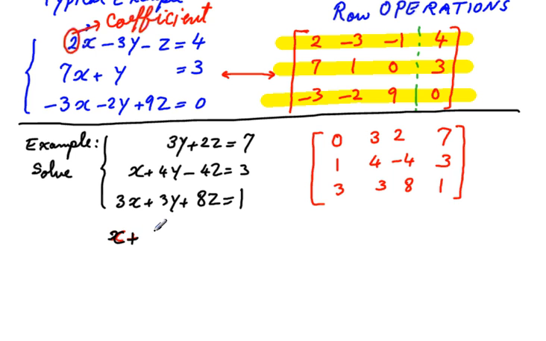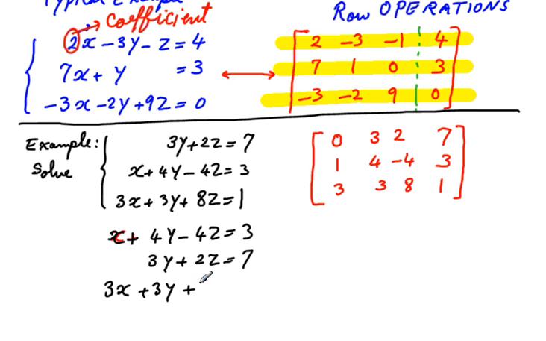So x + 4y - 4z = 3. Move that one down. Now you can move it down here or somewhere else, but either way you will get the same answer. So I'll have now 3x + 3y + 8z left where it was. So we say these two systems are equivalent. What do we mean by equivalent?